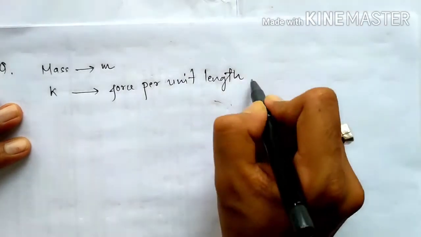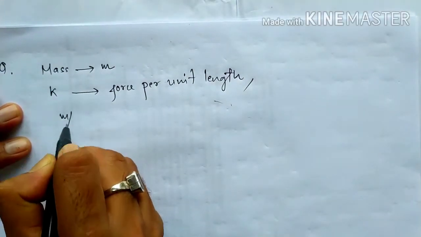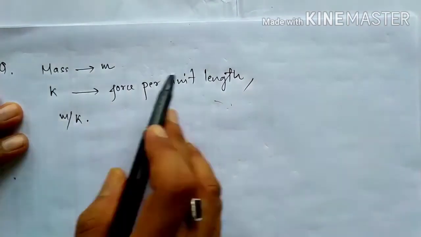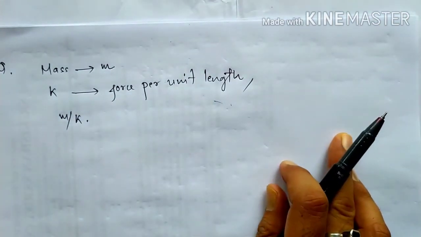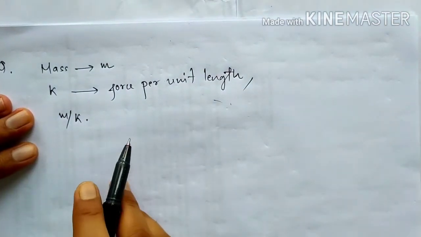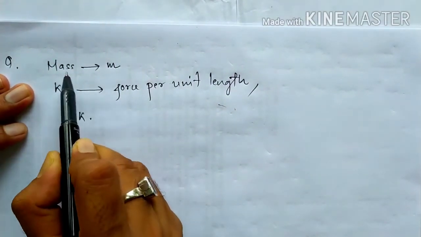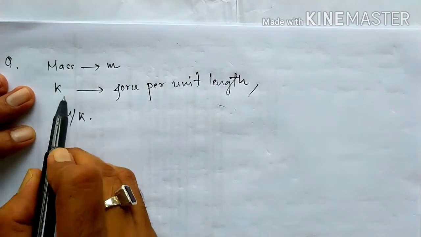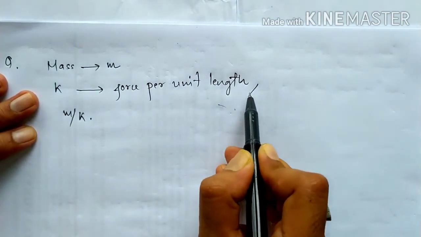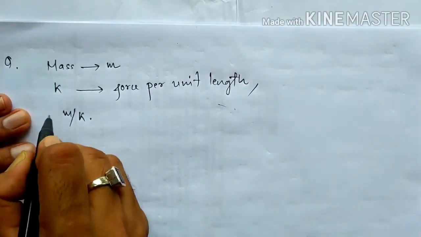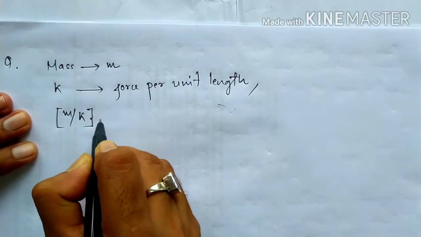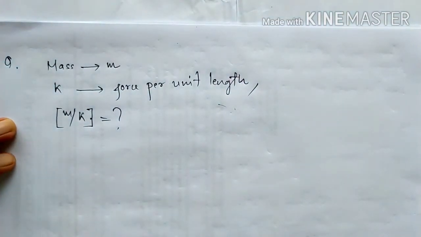What is the dimensional formula for m by k? I have not written it in a sentence because this is a very simple question. I am repeating the question: if small m represents the mass and k represents the force per unit length, what is the dimensional formula for m by k?